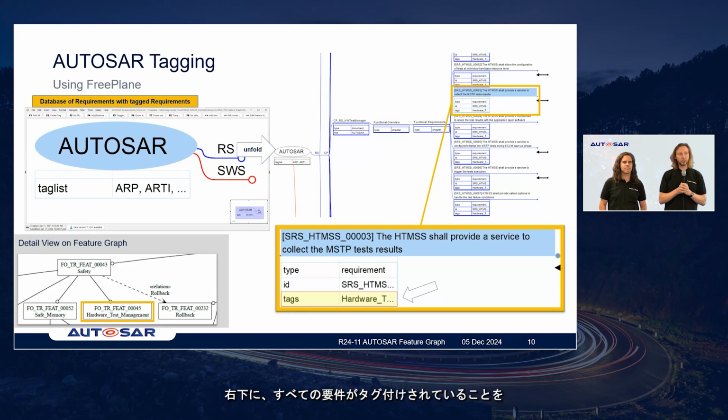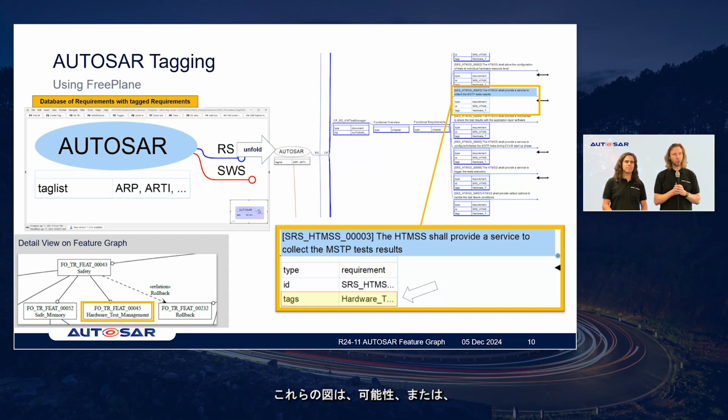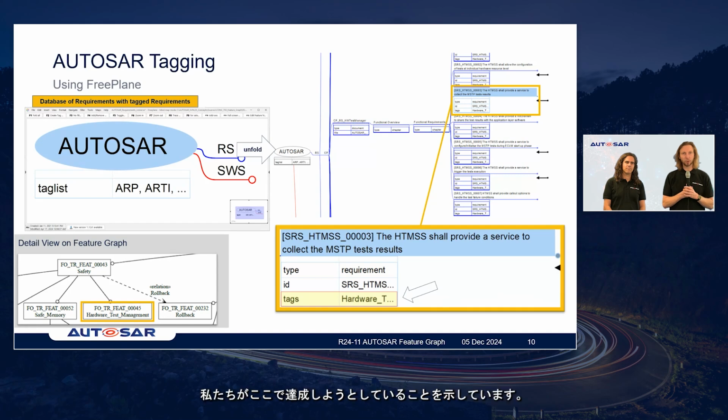You can see on the lower right-hand side that all the requirements are also tagged. So in this case, you can easily go through the whole standard and just filter it to the certain information you're looking for. In this case, it could be hardware test management. So this graphic should just show you the possibilities, or what we're trying to achieve here.